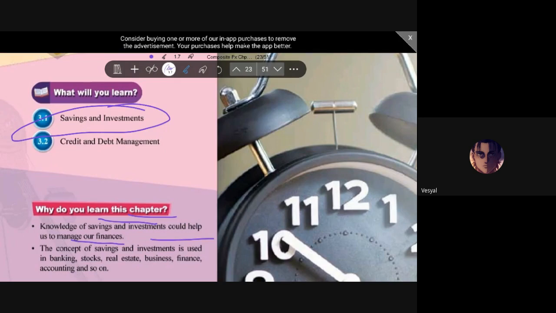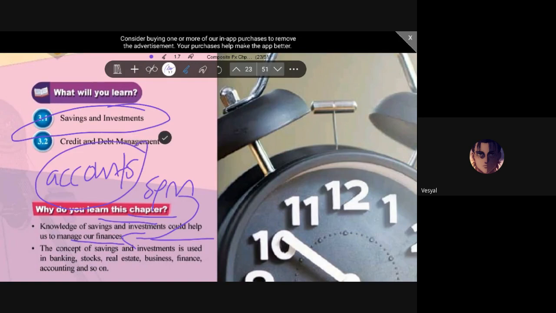That is why they introduced this chapter in your SPM, so that you know how to manage your finance before you go to the outside world. This chapter is more favorable for the account students because it's more relatable to accounts or economics, but they put it in the modern math syllabus to give exposure to the science students, who don't take accounts. Only the arts team take accounts. I think this is a good move.